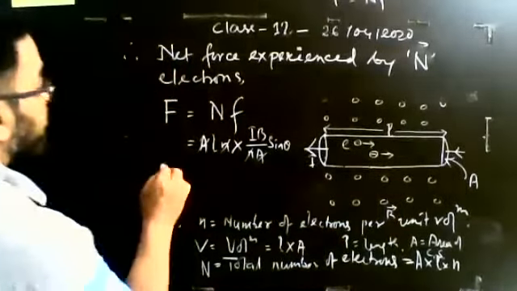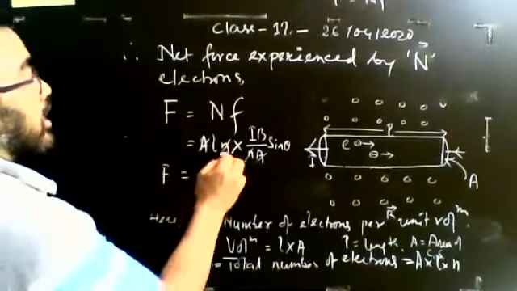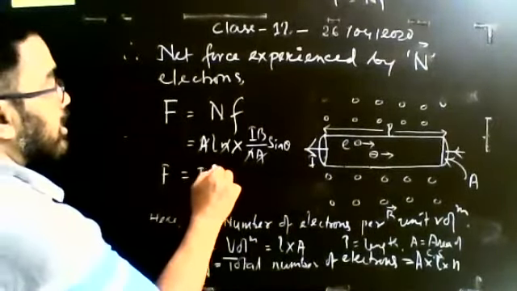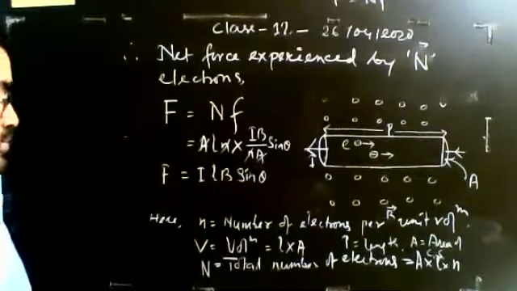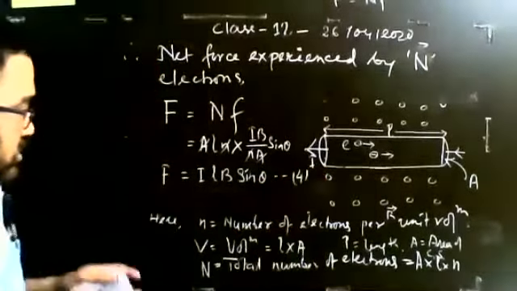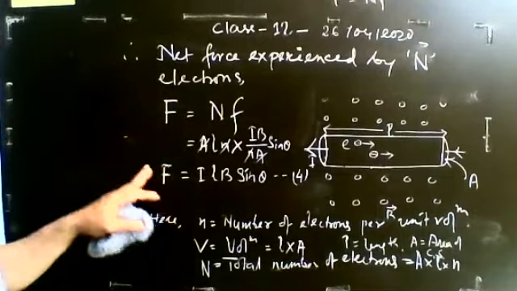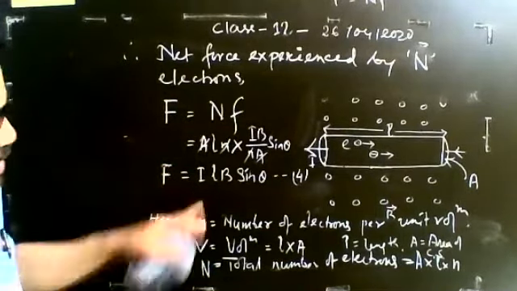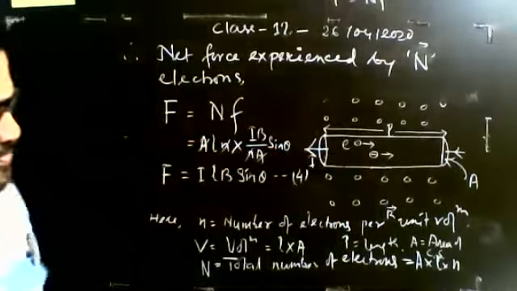Finally, the force is I L B sine theta. This is the magnitude, equation number 4, the magnitude of force experienced by all electrons contained in this volume.